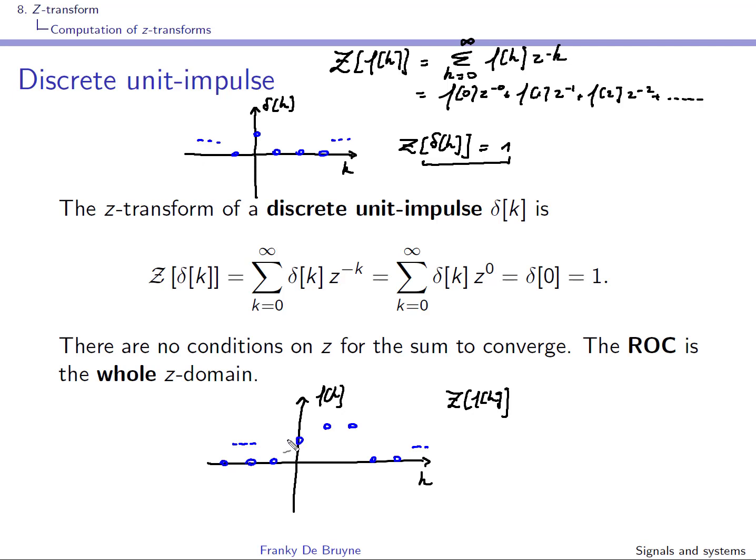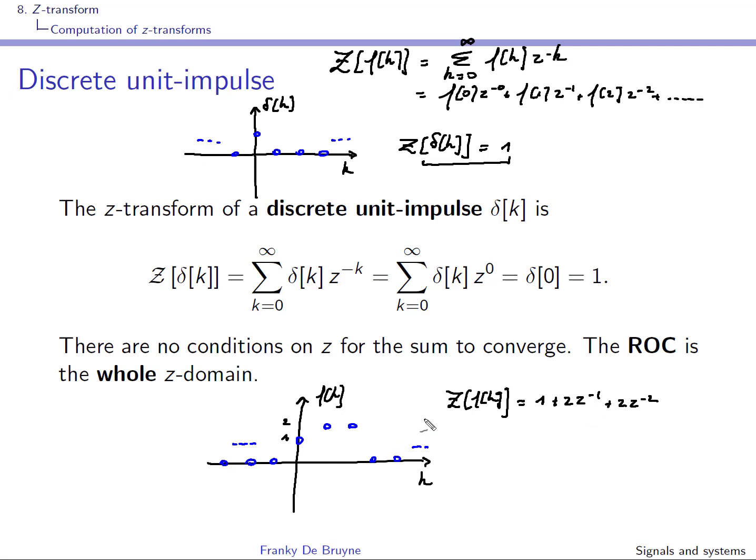So we'll assume that this is 1 here and this is 2. Then it's simply 1 times z to the power 0, so 1, plus 2 times z minus 1, this term over here, plus 2 times z minus 2.